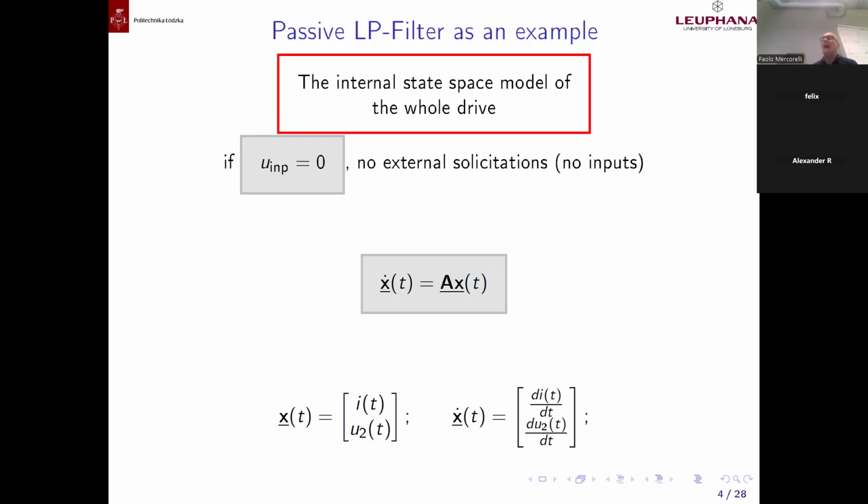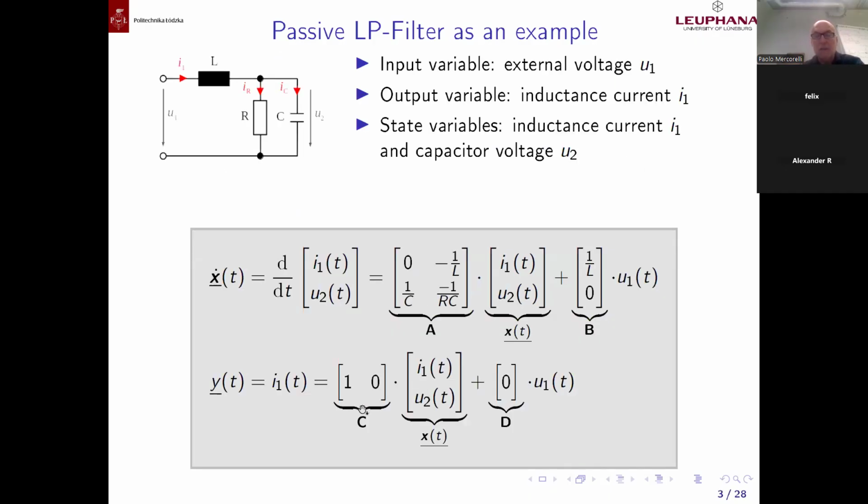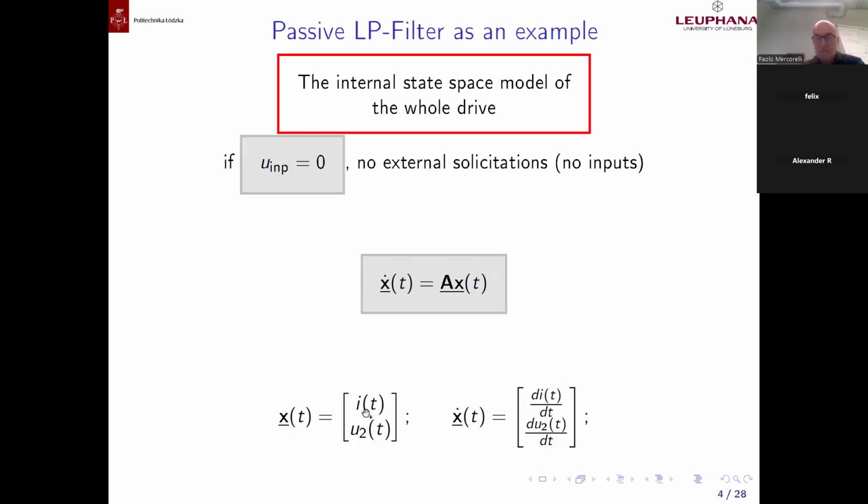Here I put just I. This is a little bit not precise, it should be I1. It could be that I made a mistake in LaTeX. And x derivative is the derivative of this vector here. This means the derivative of each component.